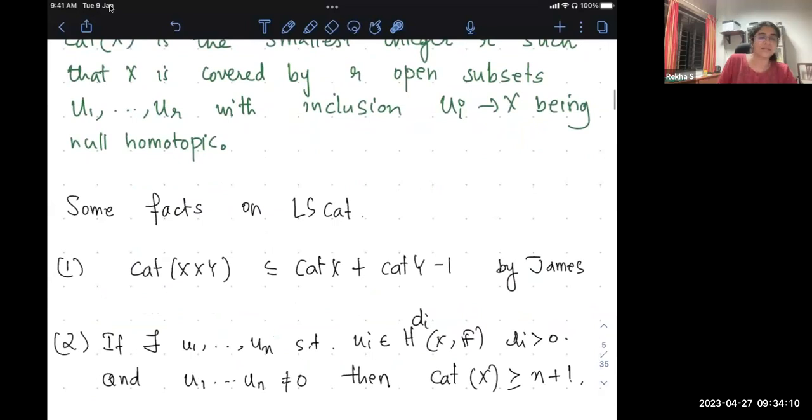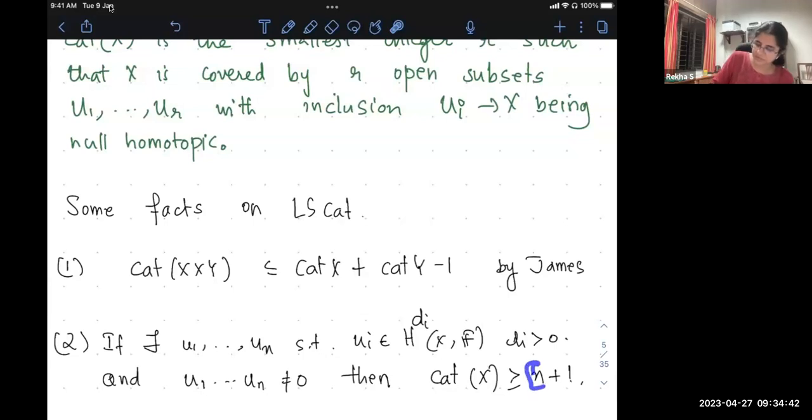Now, there are a few nice facts about LS-cat, which we'll be using in this talk. It was proved by James that cat of X cross Y is bounded by cat X plus cat Y minus 1. And if you have cohomology classes U1, U2, up to UN, which are non-zero, with the property that when you take their cup product, that also turns out to be non-zero, then cat of X will be greater than or equal to n plus 1.